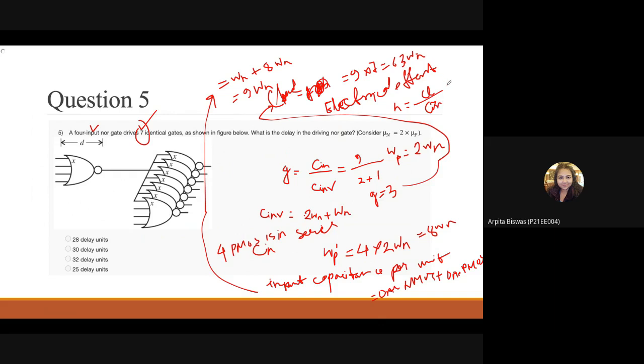So this is equal to 7. Here it is given that it drives 7, so we have taken the 7 from here. Then P inverter equal to 4.